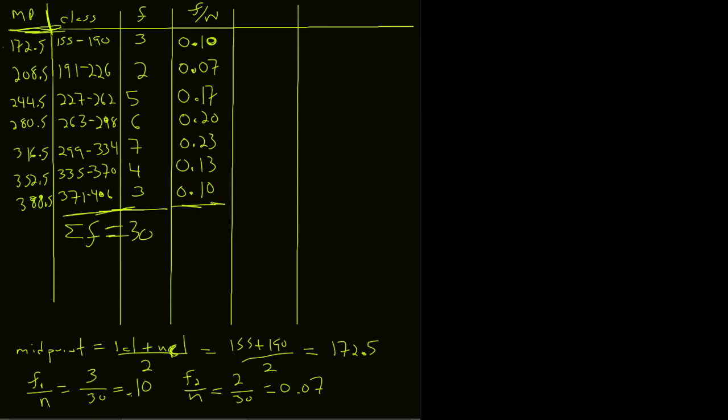And these are the relative frequencies. They tell us approximately how much is there. Because we've rounded, the approximately comes through. Now, if I were to write down the fractions, 3 over 30, 2 over 30, and I'm not going to simplify, 5 over 30, 6 over 30, 7 over 30, 4 over 30, and 3 over 30.